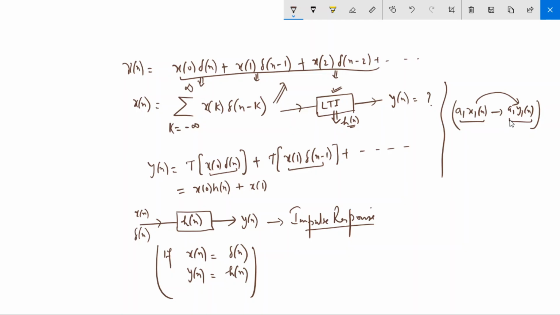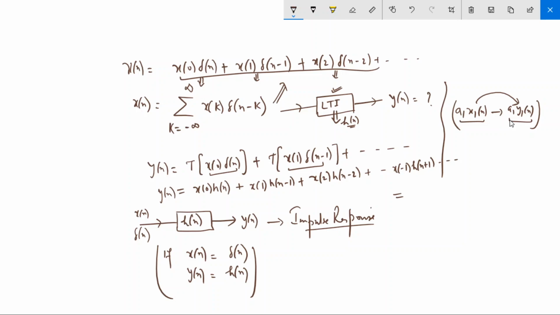So if delta n generates output h of n, the output due to delta n minus 1 is nothing but h of n minus 1. Next will be x2 h of n minus 2, and similarly so on, and it will be x of minus 1 h of n plus 1 for negative samples.